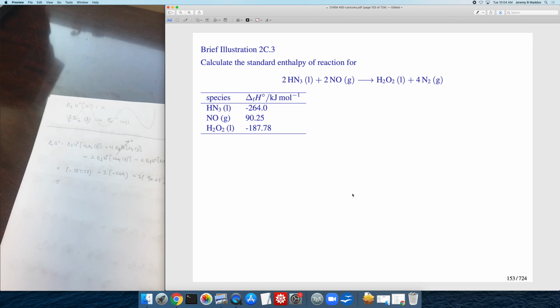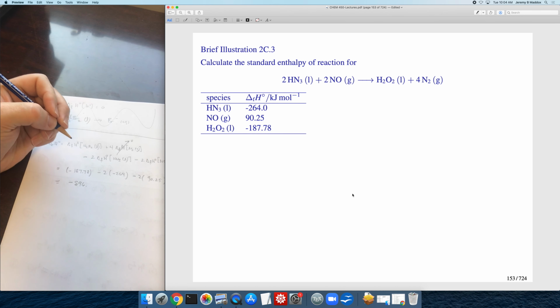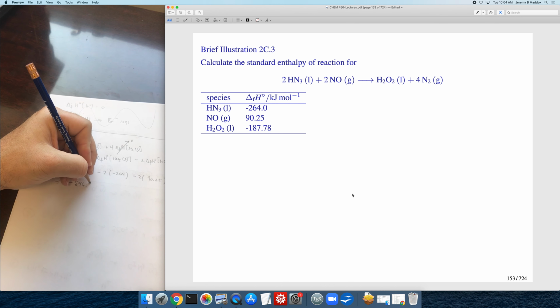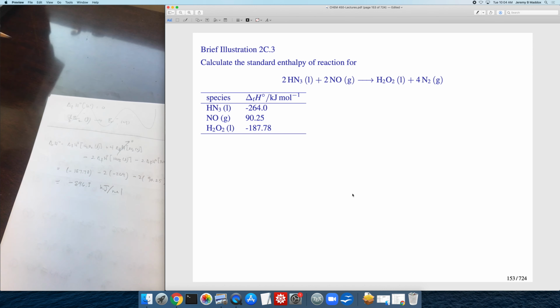And then you run that through your calculator. And then I'm just going to write down here the answer that they give, minus 896.3 kilojoules per mole.